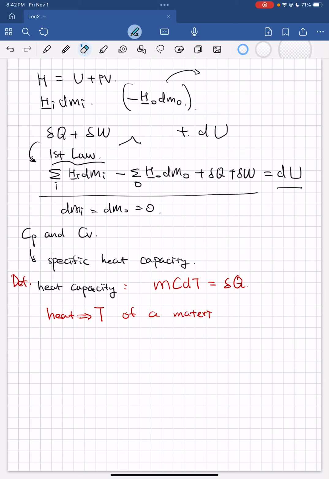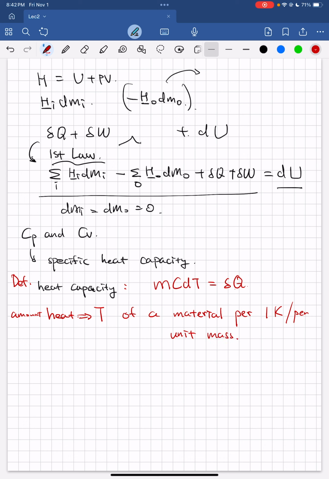So the definition is the amount of heat needed to increase the temperature of a material by 1 degree or 1 Kelvin per unit mass.